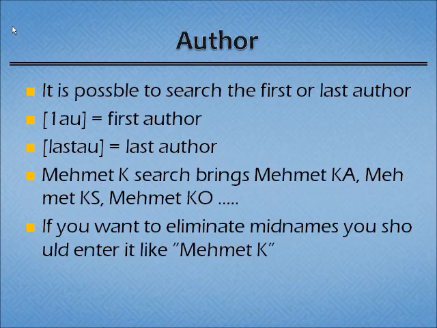It is possible to search the first and the last authors also. If you put 1 before the AU letters, like here, it is searched for the first author. Or last AU, it means the last author.